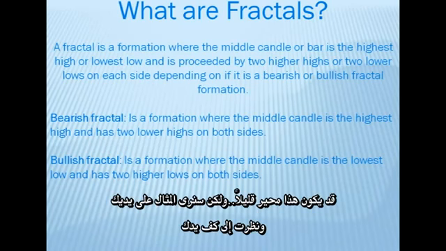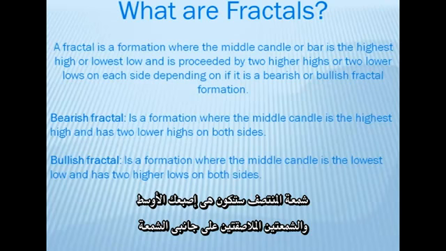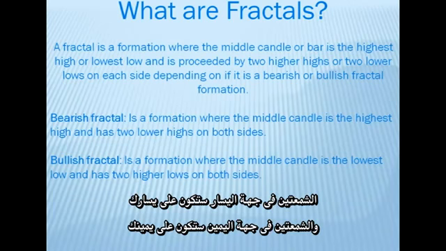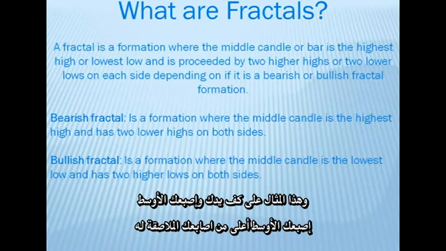So I'm probably confusing you with that, but if you take your hand and look at your palm, put your hands together and look at your palm, then that middle candle would be your middle finger, and the two candles next to it would be the candles on each side of it. So the candles on the left would be the two candles on your left side, and the candles on your right would be the two candles on your right, and that would be the formation where your middle finger is.